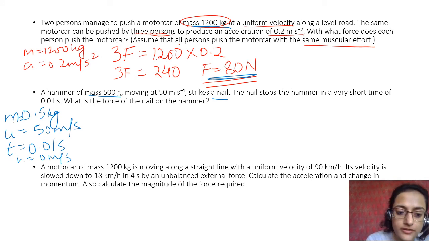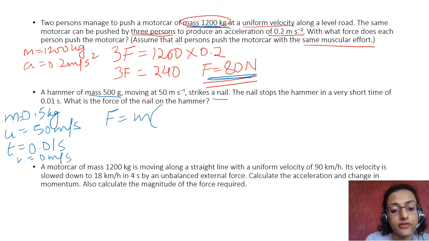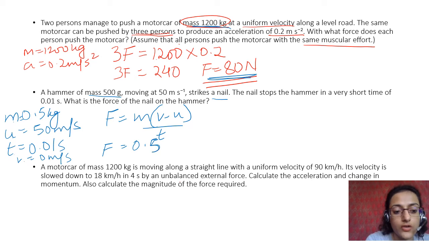What do we know about force? Force is the rate of change of momentum. The formula for force is F is equal to m into a, and that is m into (v minus u) by t. F is equal to mass into velocity, which is 0 minus 50, upon time, which is 0.01.